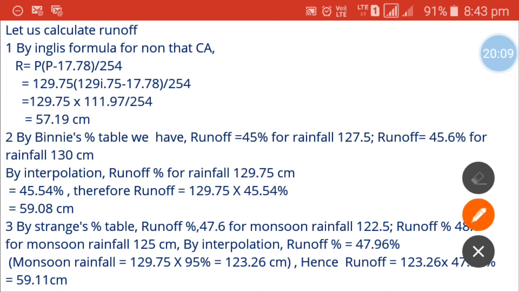So what are we getting? We are getting the value of 122.5, and we are also getting the value of 125 centimeter. Our value is in between these two values, and therefore we have to follow the interpolation method.